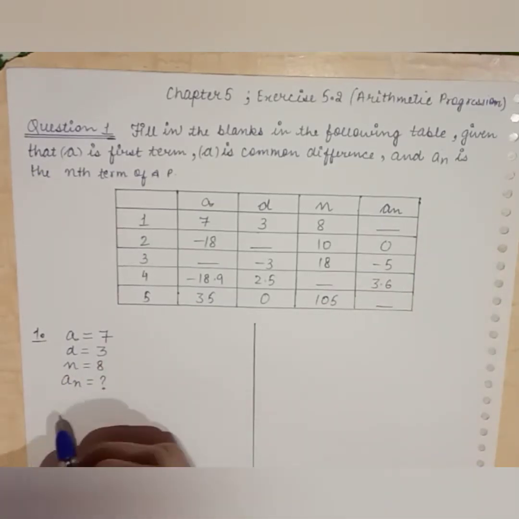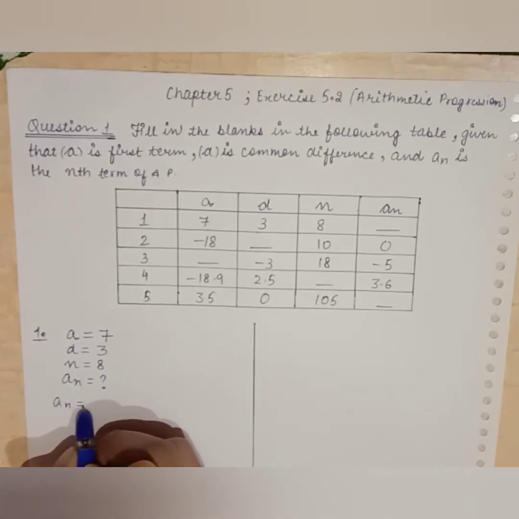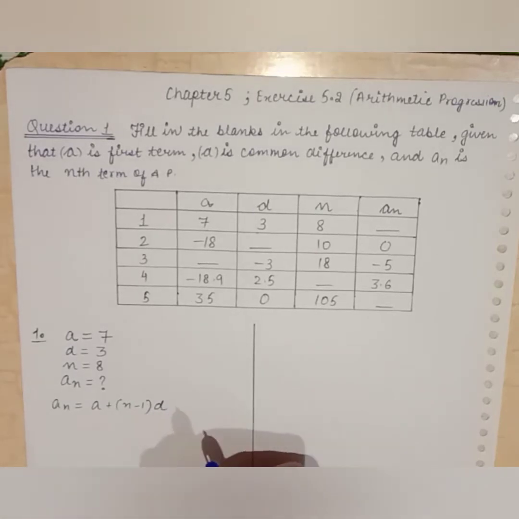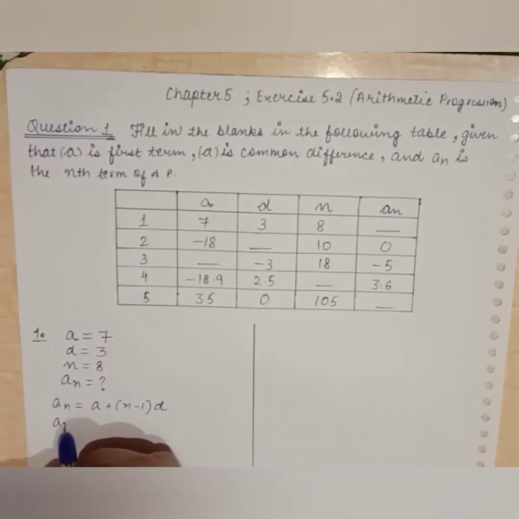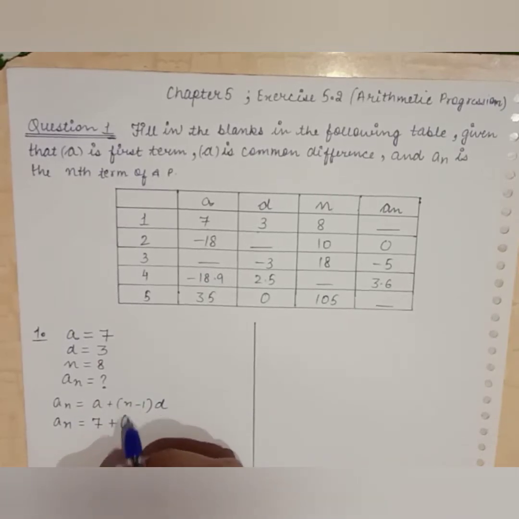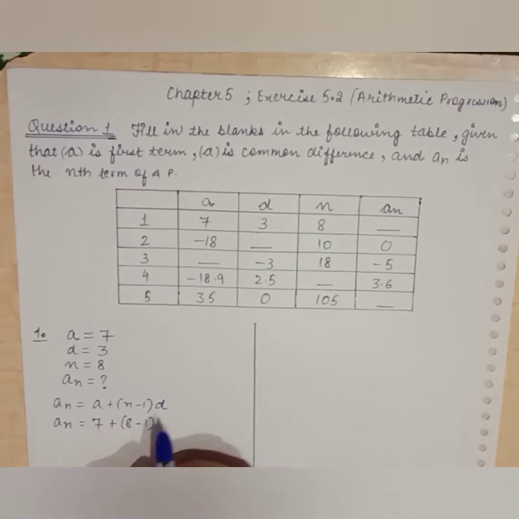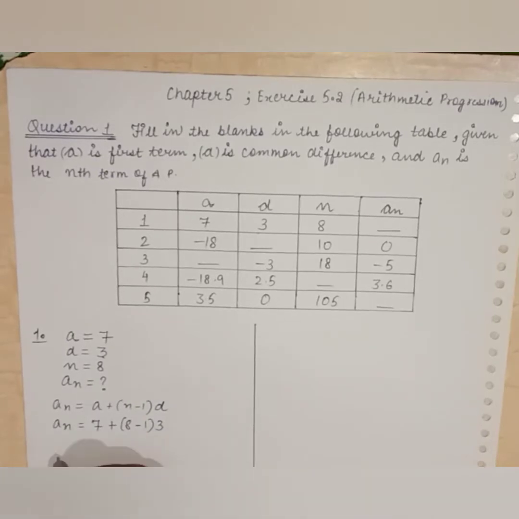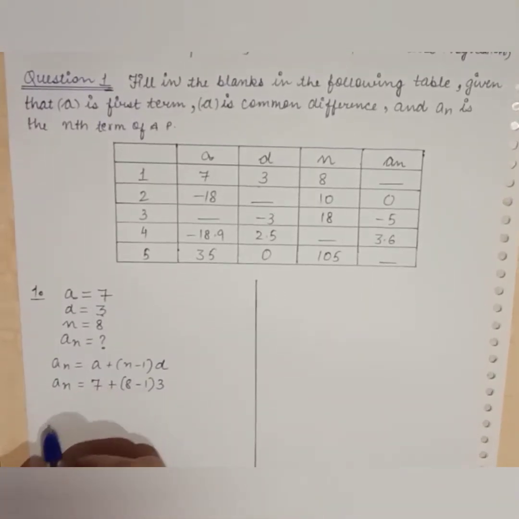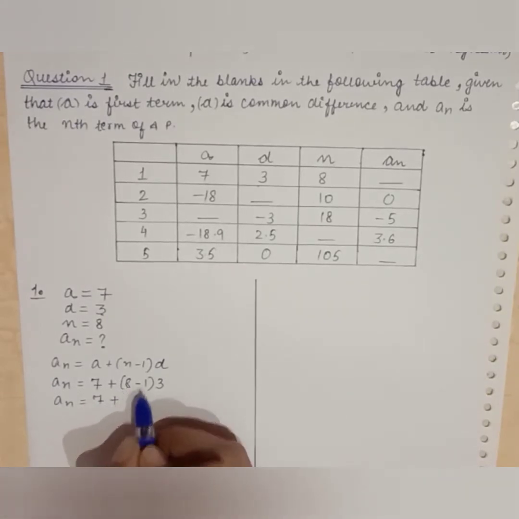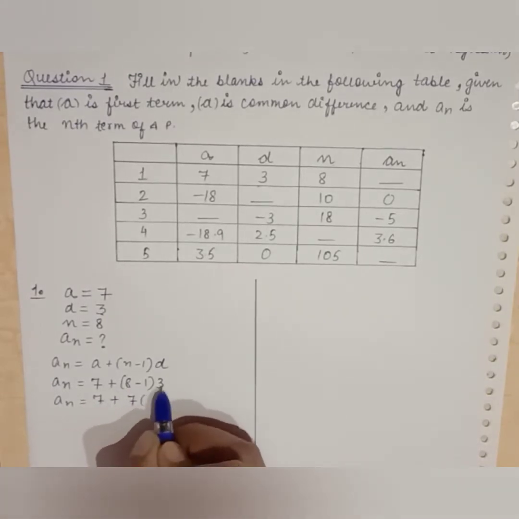The formula to find the nth term is an is equal to a plus (n minus 1)d. a is 7 plus (n is 8 minus 1) times d, which is 3. So an is 7 plus 7 times 3.